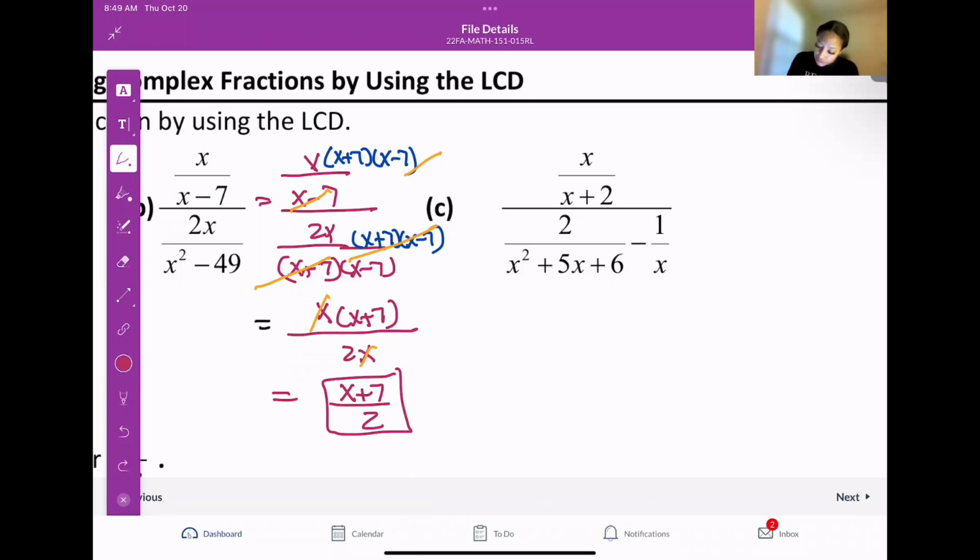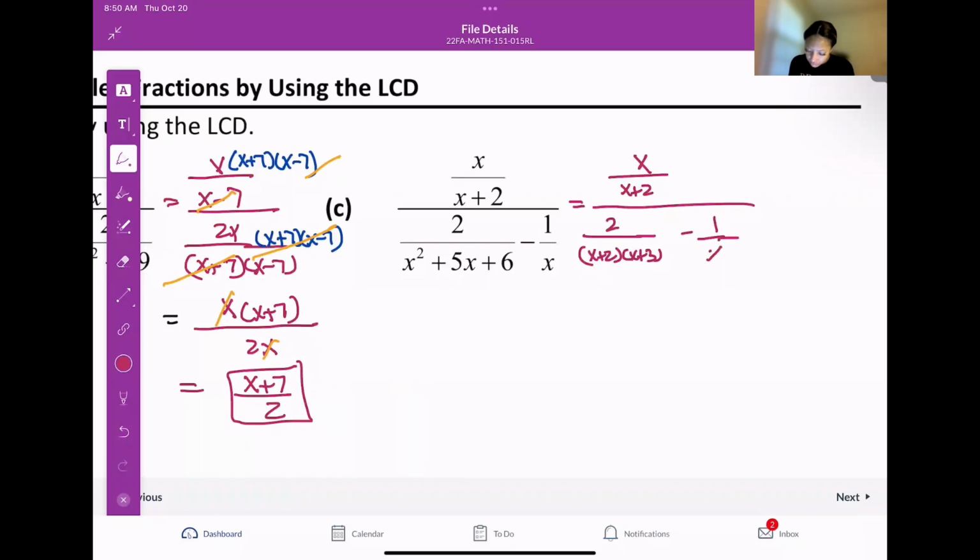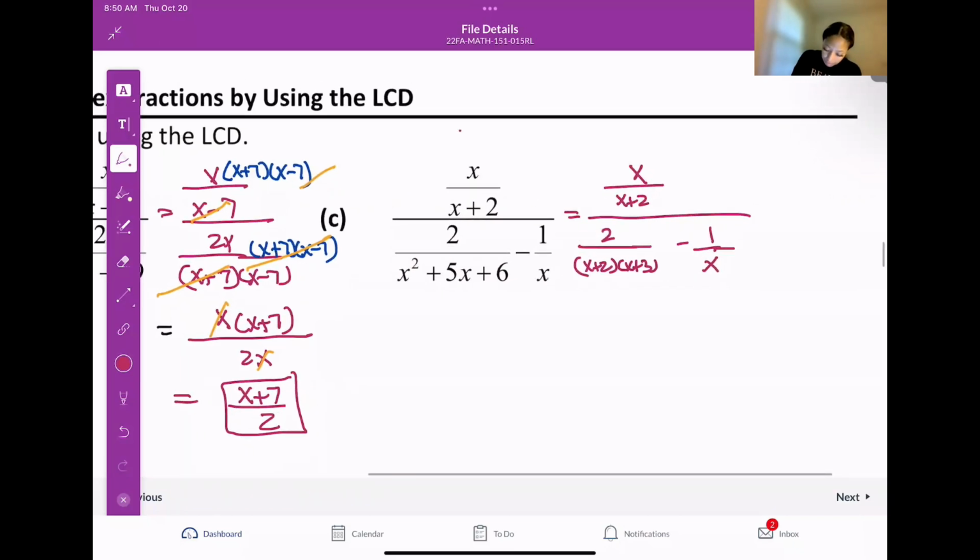nice things happen. So first, let's rewrite this with everything factored. It's x over x plus 2 over 2 over x plus 2 times x plus 3, and then minus 1 over x. All right, so what is the LCD in this problem? If we look at the denominators, what factors do we have?